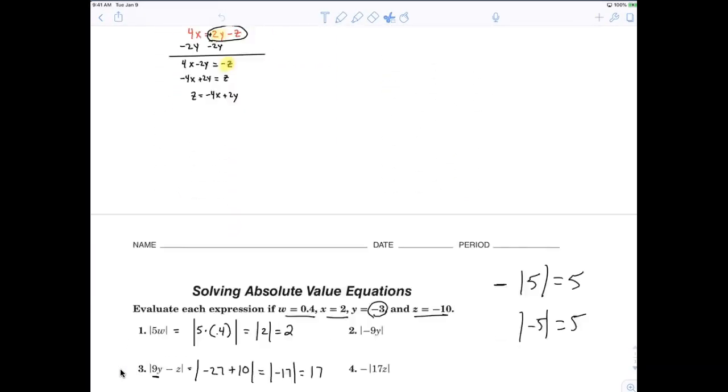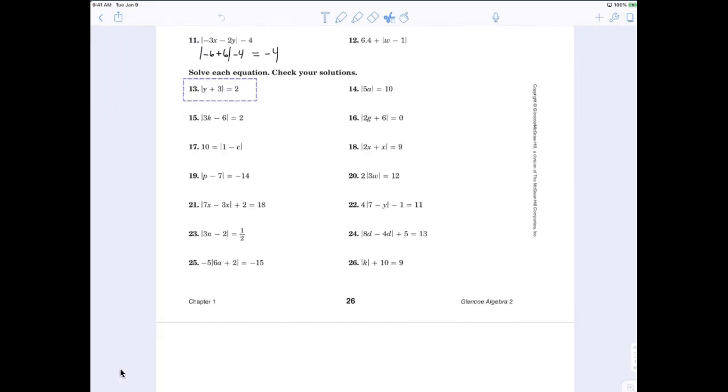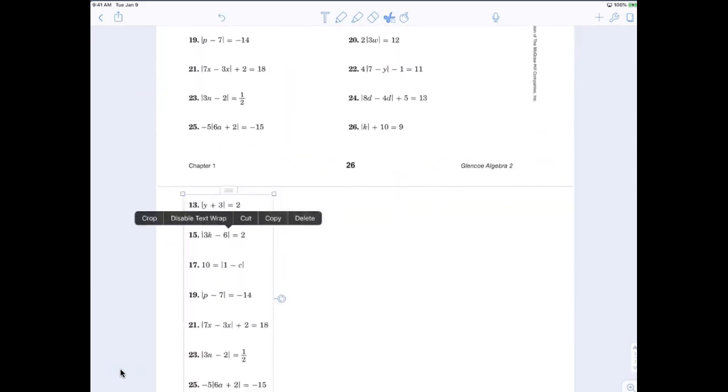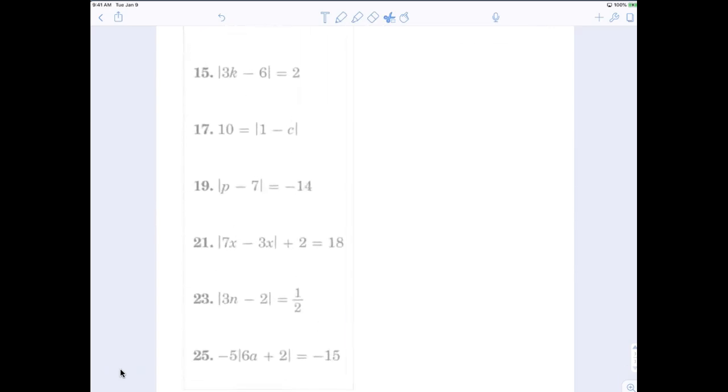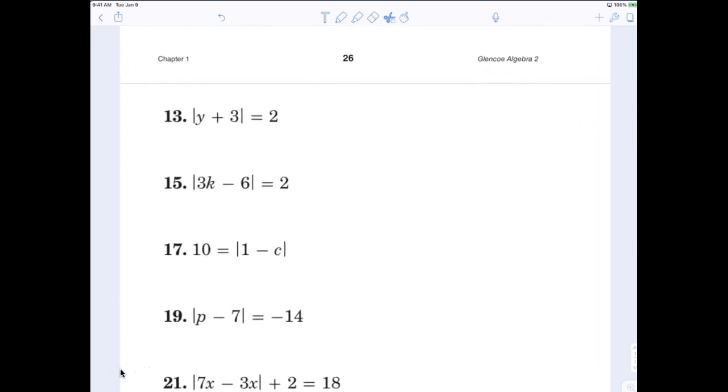Okay, here we go. We'll do it down here. Now remember, each one of these is an equation. So if I have an equation, I have to write it how many times? Twice. Thank you. You have to write it twice.